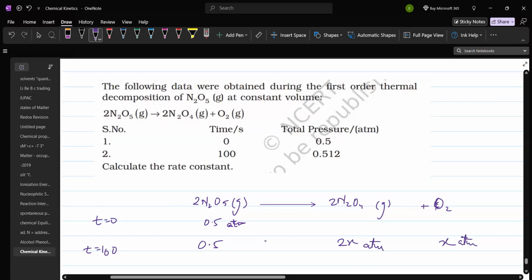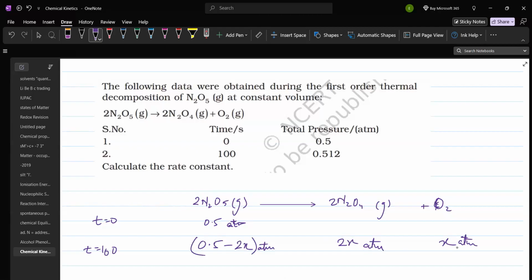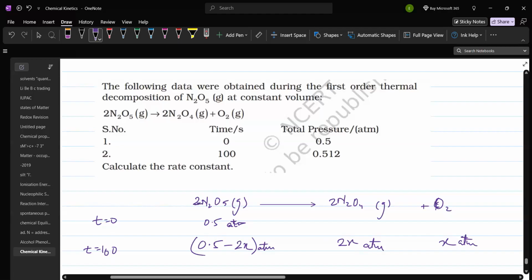And how much has reacted? It has reacted and reduced by 2x. This much atm of pressure of N2O5 is left, and 2x atm pressure of N2O4 is formed, and x atm of O2 is formed. How have we written 2 here, 2 here, and 1 here? This is according to the stoichiometric coefficients in the balanced chemical equation.